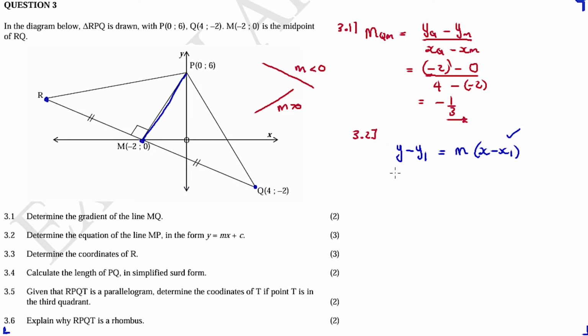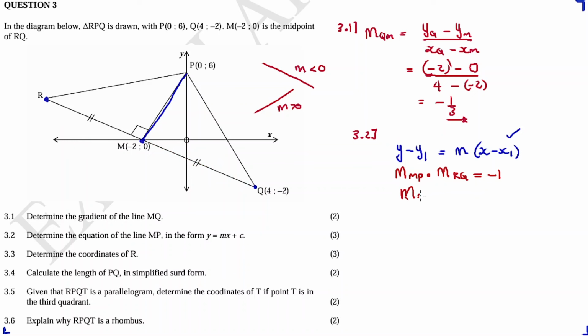I'm going to use the property of perpendicular lines. If I take the gradient of line MP and multiply it by the gradient of RQ, I should get minus 1. But I do have the gradient of RQ. Remember we calculated the gradient of MQ, but now I'm referring to the gradient of RQ. They are the same, they are collinear points.